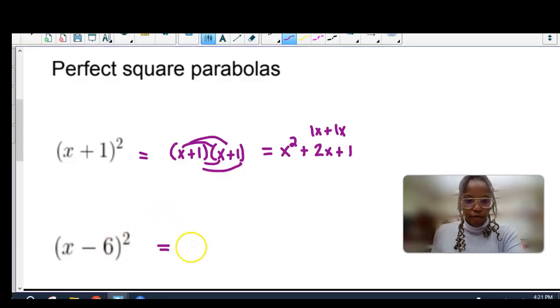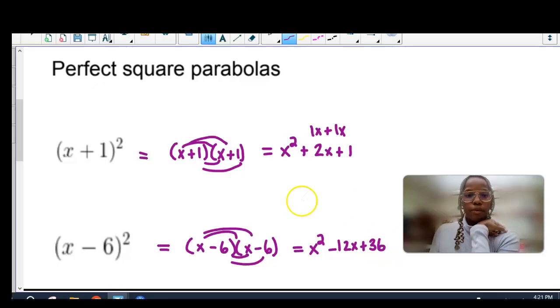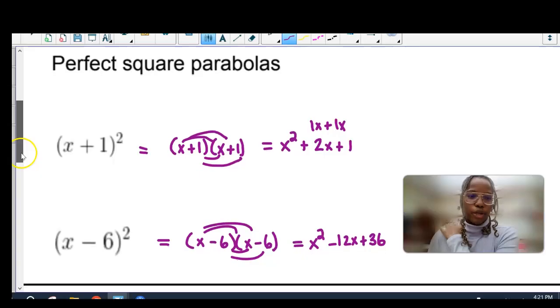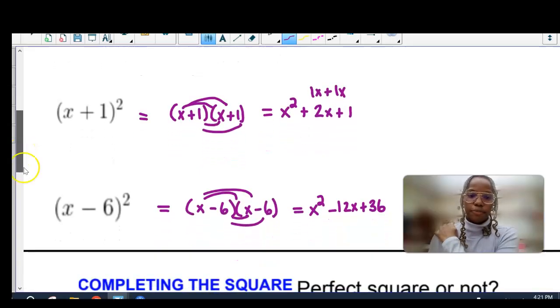If you have a perfect square, this is the same thing as saying I'm going to multiply this twice, and then you can just expand it out. But the idea is that the perfect square is being multiplied by itself. Okay, so it becomes x squared minus 12x plus 36. So this is all going to come together because it's very important to recognize that you will be creating this type of perfect square when you are moving from standard form to vertex form.